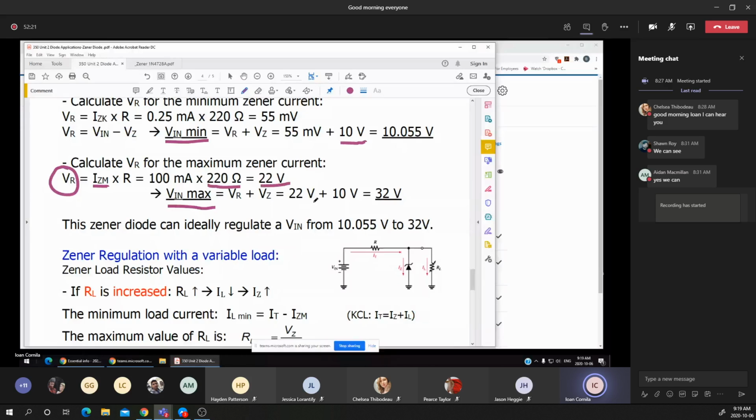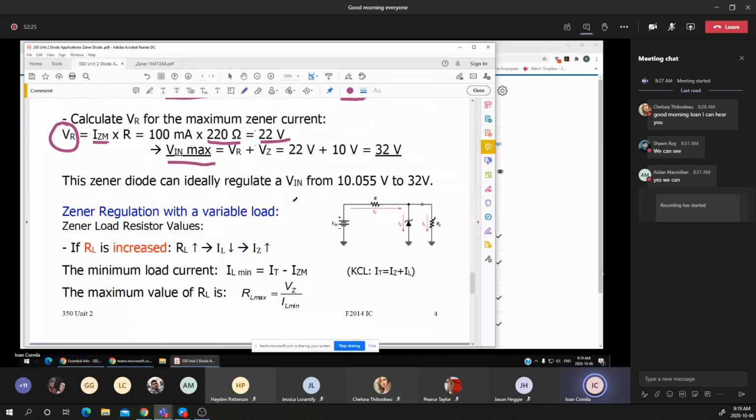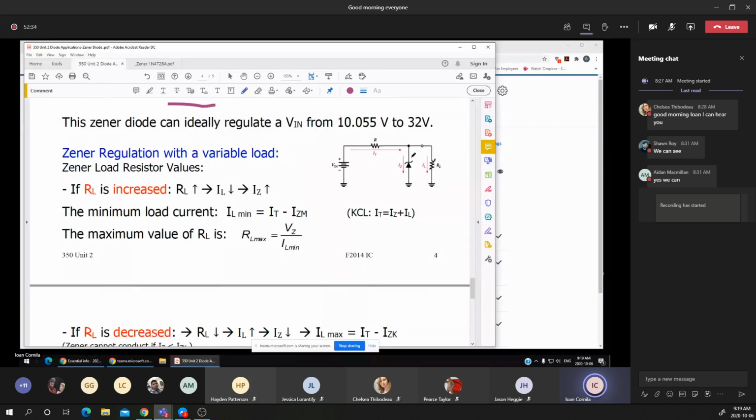Adding the maximum voltage across the resistance, 22 volts, and the Zener diode voltage makes the input voltage a maximum of 32 volts that may be applied to the circuit.